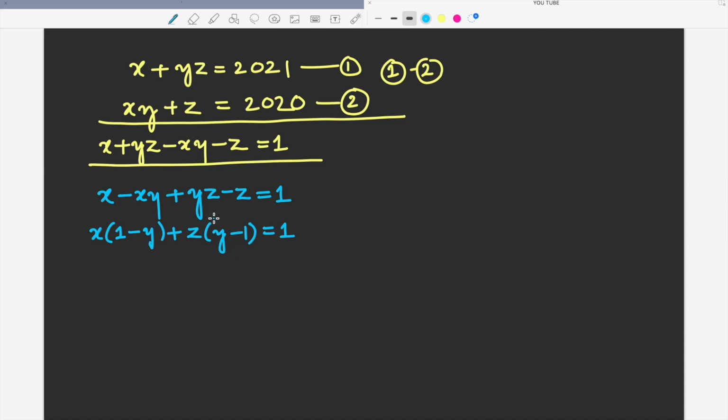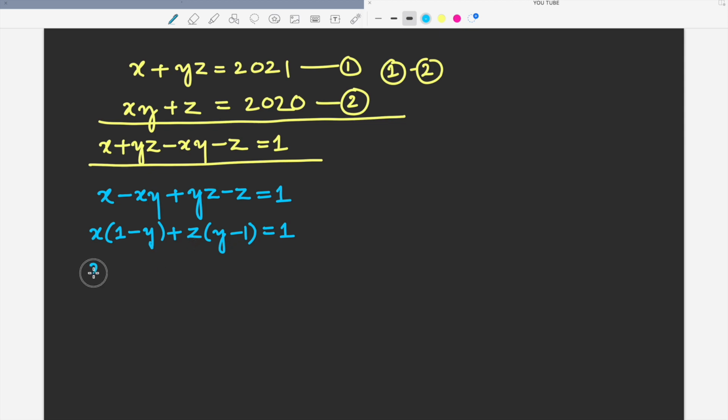So if you observe both the terms here, it's 1 minus y, and this is y minus 1. So both are not the same. So we'll make them the same. So I multiply this entire term with the negative sign. So minus becomes plus, plus becomes minus, then we'll get the two equal terms.